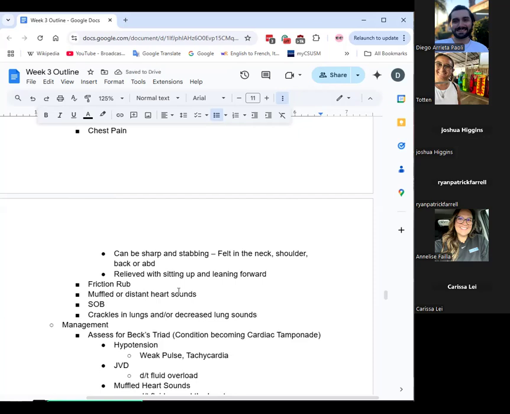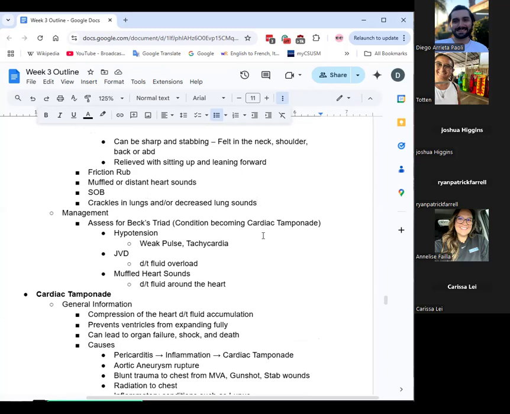And again, this is the type of condition where even though these people are essentially overloaded, they can become hypotensive because of that pressure or overload on the heart, making it so that they can't pump. Essentially that compression of the heart makes it so that you're not able to pump effectively.